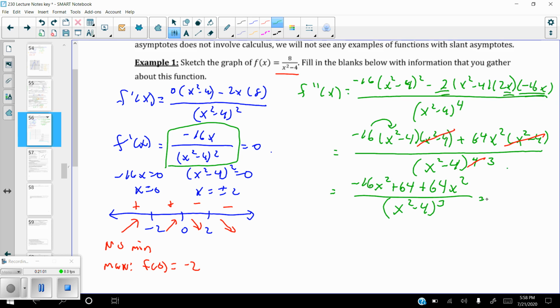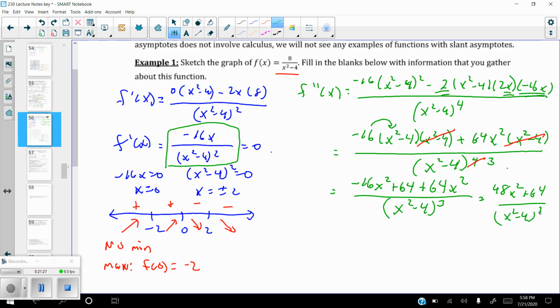I can combine the x squareds on the top. Negative 16x squared and 64x squared gives me 48x squared plus 64 over x squared minus 4 cubed. Okay, that's the most simplified second derivative, and that took a little bit of work to get there, but this is not uncommon with these types of functions.